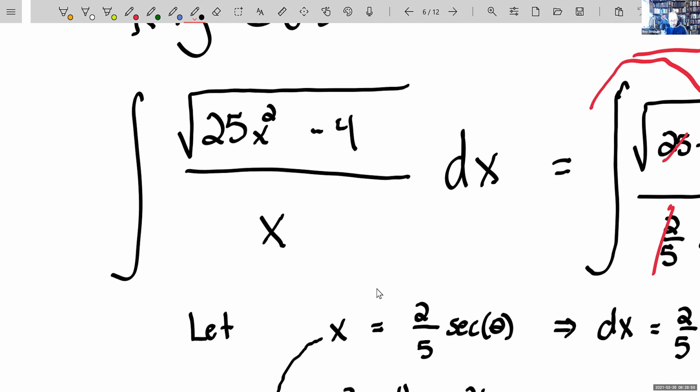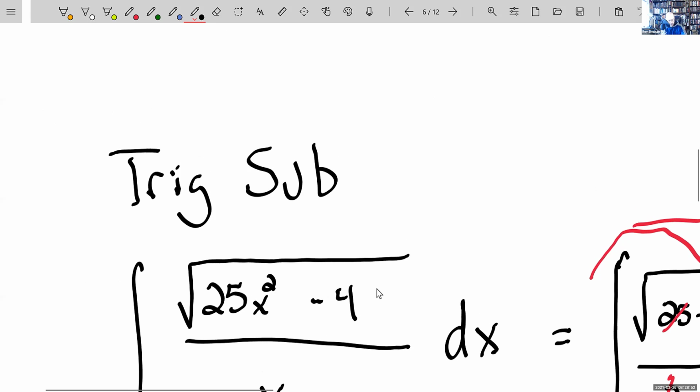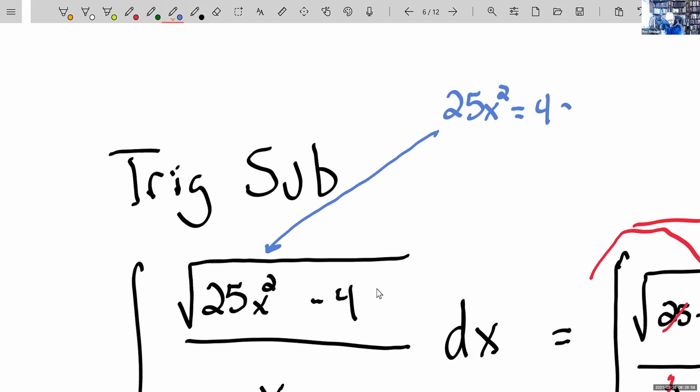So in this case, you would have said, you know what I want? I want that 25x squared to be 4 secant squared. Now, when people start seeing this, they're like, man, why didn't you do it that way the first time? Which I completely do understand. It's just because I like to showcase the true substitution before I start going into these, okay, but in reality, 25x squared, you're just letting be 4 secant squared.